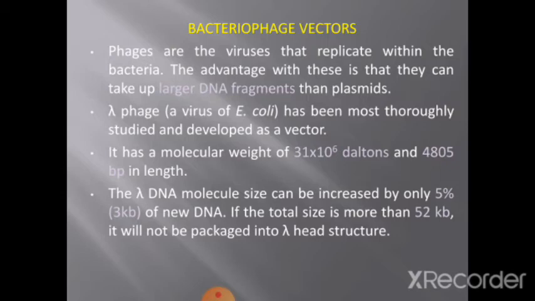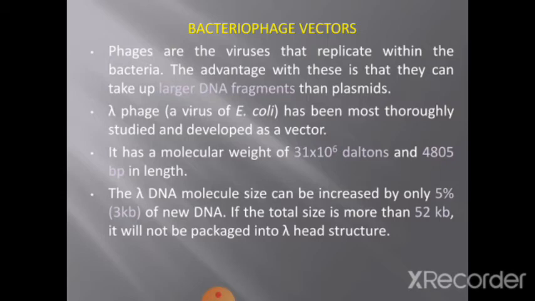Now, you have to do some background exercise for this. Open your microbiology textbooks and make a note on the biology of lambda phage. Here I am just going to brief you. Lambda phage is a virus of E. coli, that is Escherichia coli, and it has been most thoroughly studied.